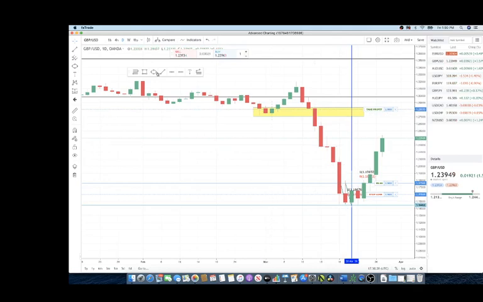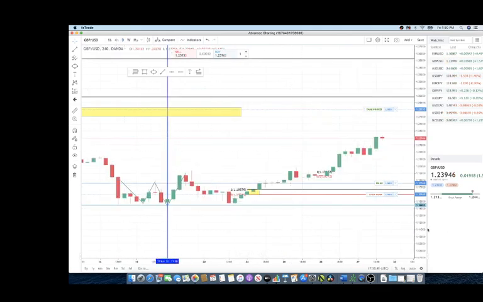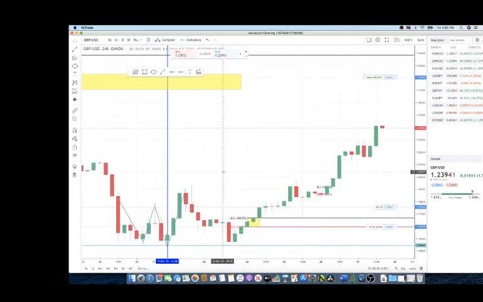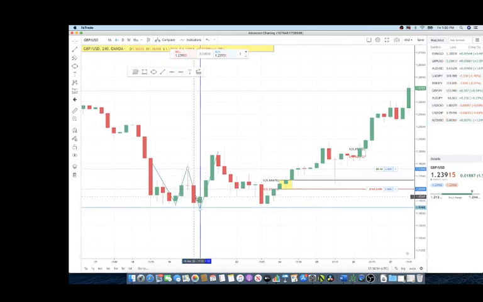So I had to find some zones, but the daily wasn't giving me much of an entry, so I waited it out, and this is what happened. Looking at the blue line, as I told you, that's when I started to analyze the chart.